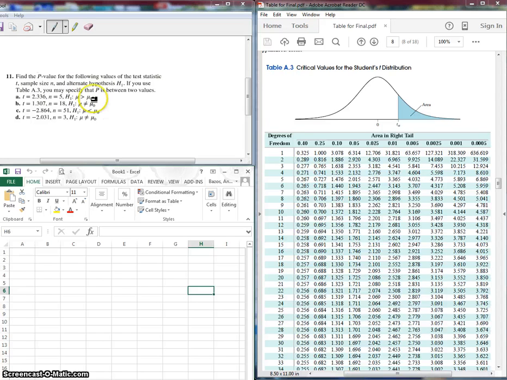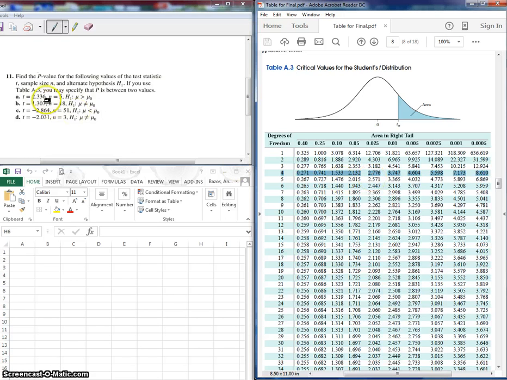So this tells us we have a one-tail, particularly a right tail test. Coming over to the table, we can determine our degrees of freedom: since our n is 5, our degrees of freedom is 4. So we are somewhere in this row.